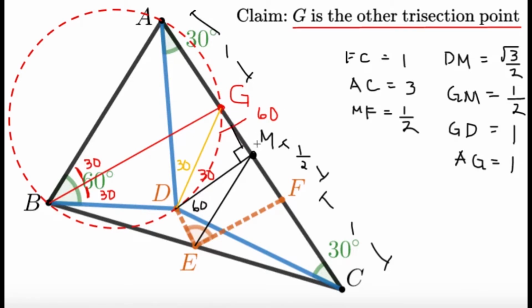Now we know that GM is 1/2, so GF over here is going to be 1 as well. And there we have it. G must be the other trisection point because AG is 1, GF is 1, and FC is equal to 1. Now, they're not necessarily all lengths of 1, but at least we know that, without loss of generality, if we assume FC to be 1, then we can prove that G is the other trisection point.